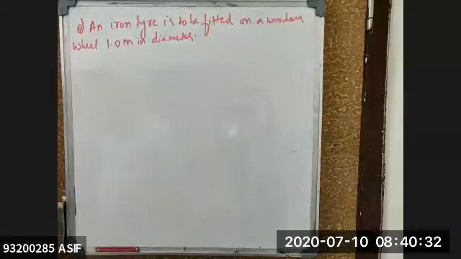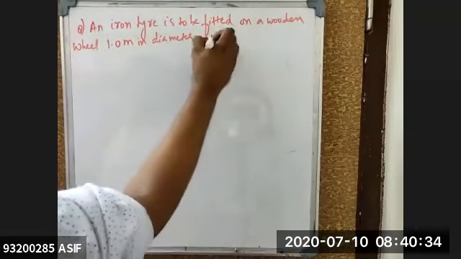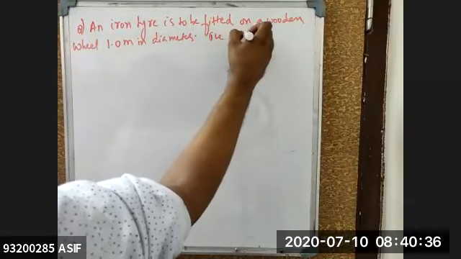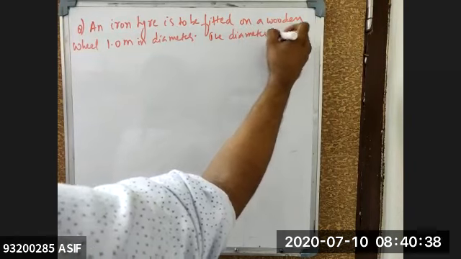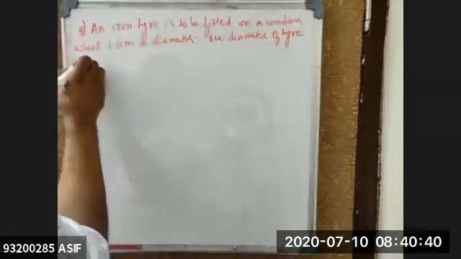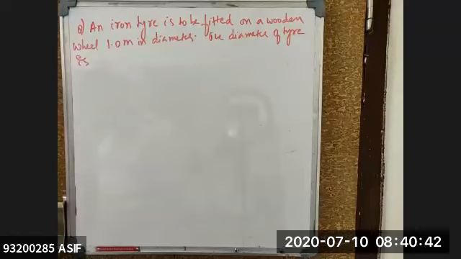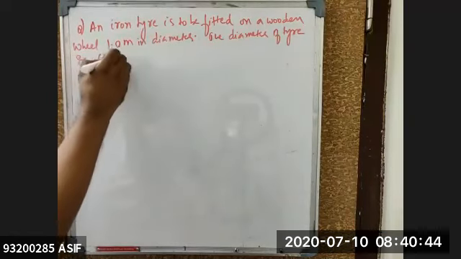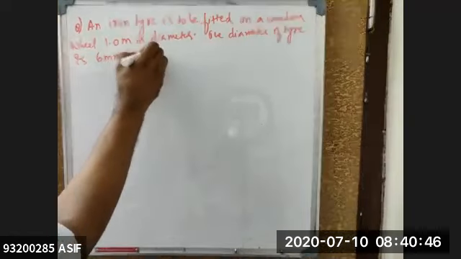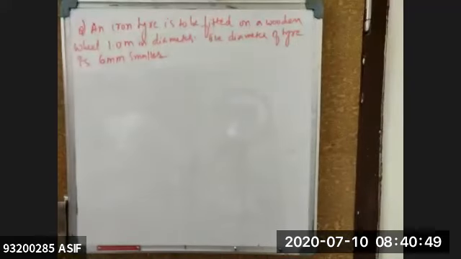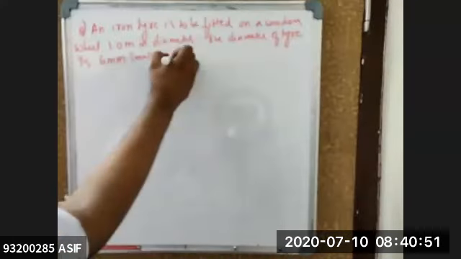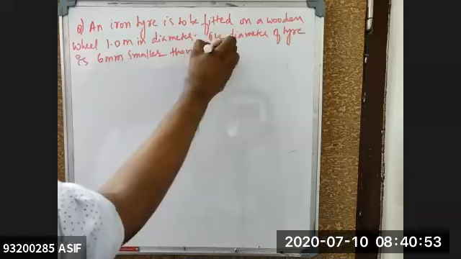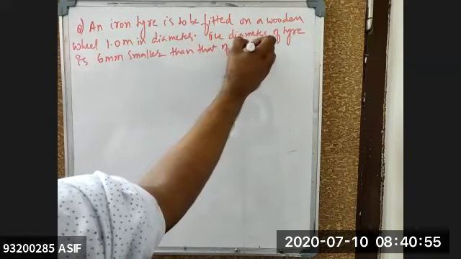The diameter of the tire is 6 mm smaller than that of the wheel.